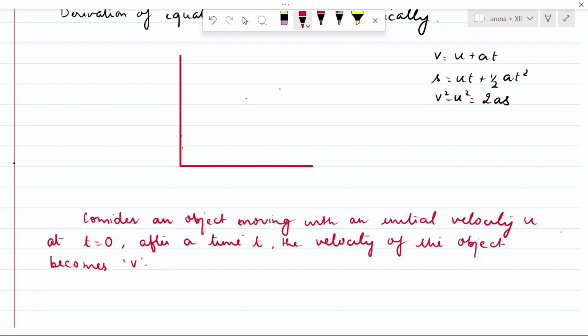Since the velocity is changing, it represents non-uniform motion or uniformly accelerated motion.